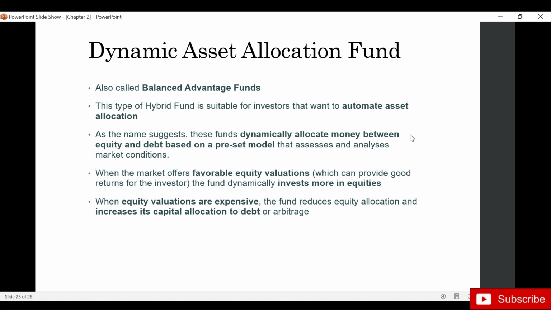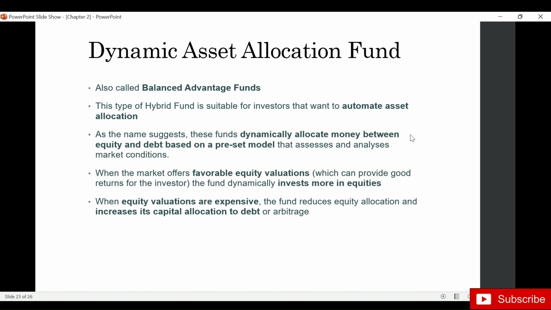The next subcategory of hybrid funds is the dynamic asset allocation fund. This category is also called balanced advantage fund. This type of hybrid fund is suitable for investors who want to automate the asset allocation. As the name suggests, the fund managers in the dynamic asset allocation fund dynamically allocate the money between the equity and debt markets based on a preset model which analyzes the stock market conditions.